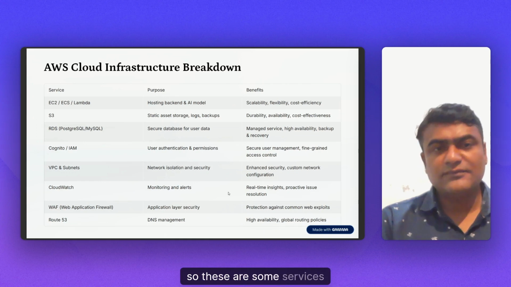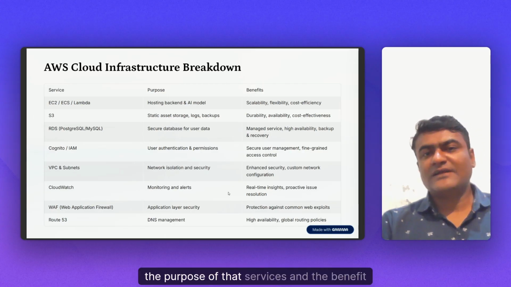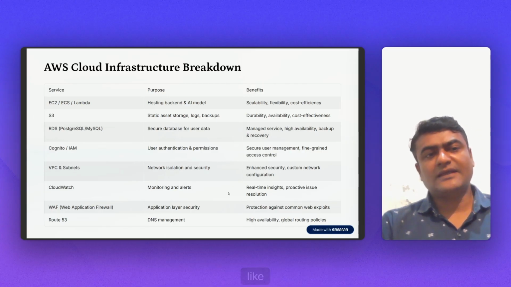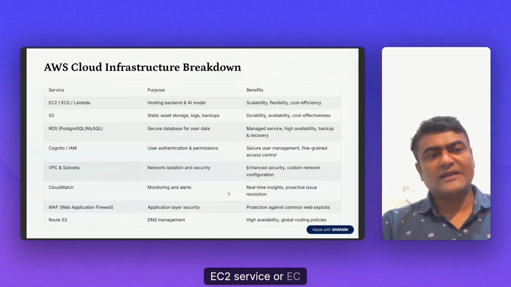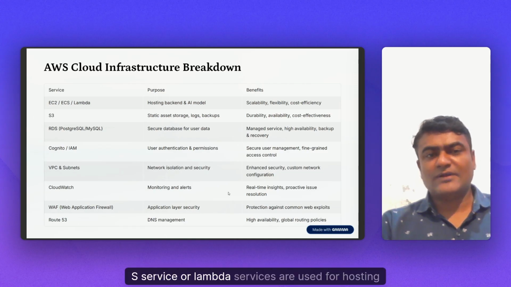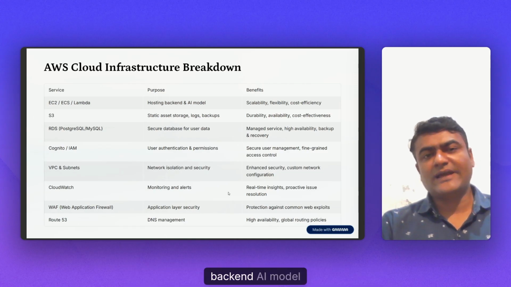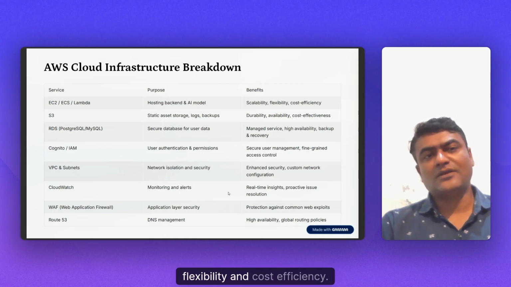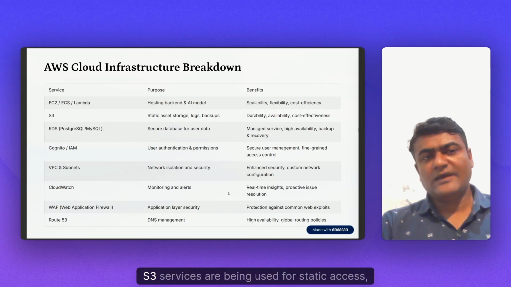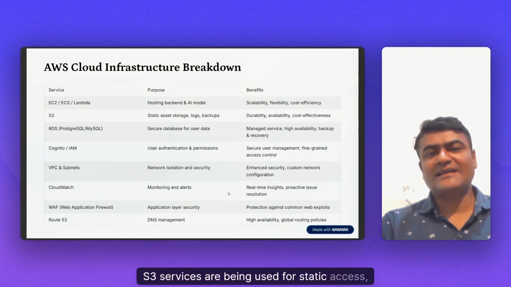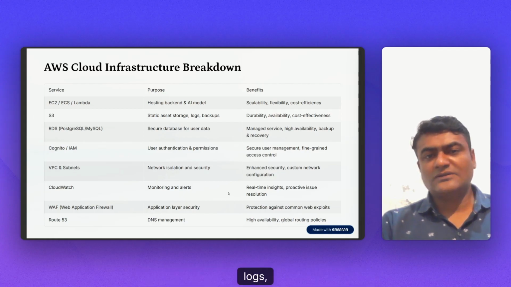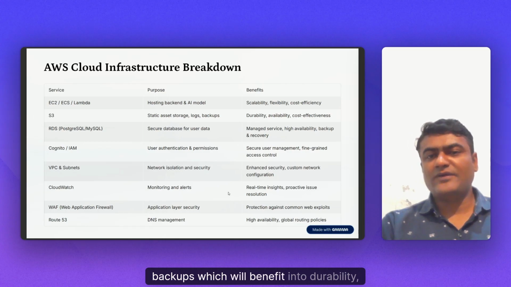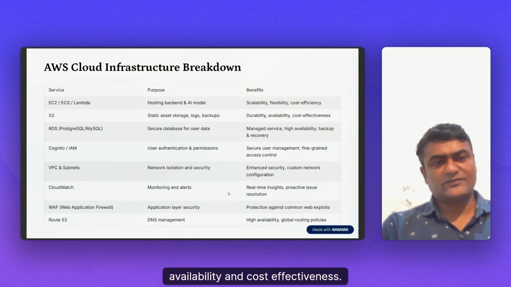So these are some services, their purpose and benefit. EC2 service or Lambda services are used for hosting the backend AI model, which adds scalability, flexibility, and cost efficiency. S3 services are used for static asset storage, logs, and backups, which benefit durability, availability, and cost effectiveness.